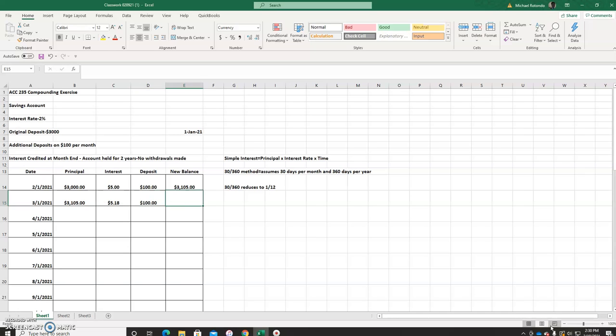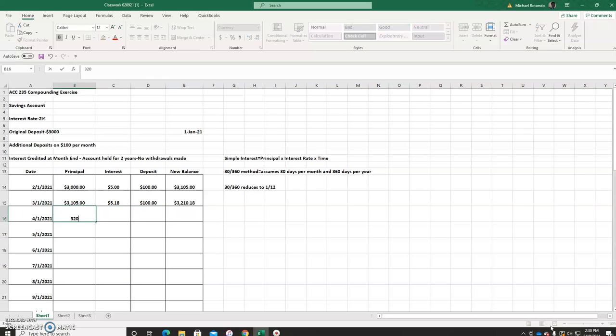If we add another $100, we come up with $3,105 plus $5.18 plus $100. So on March 1st now we have $3,210.18. So compounding continues to do this.